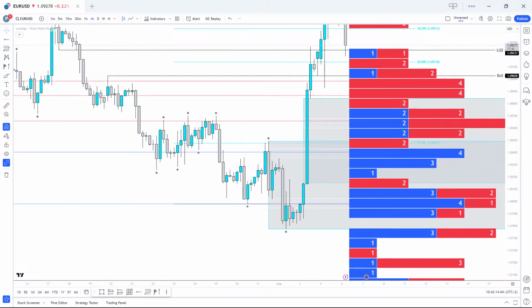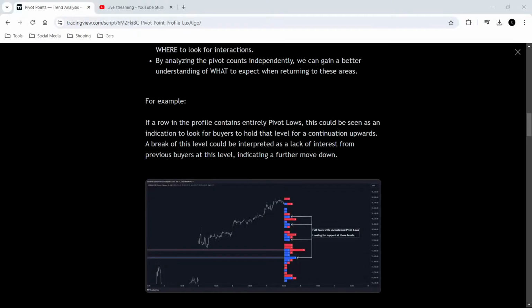Alright, I can actually change the screen. We have this right here. For example, if a row in the profile contains entirely pivot lows, this could be seen as an indication to look for buyers to hold that level for a continuation upwards. A break of this level could be interpreted as a lack of interest from previous buyers at this level, indicating a further move down.